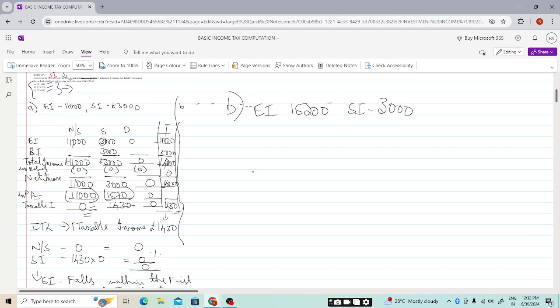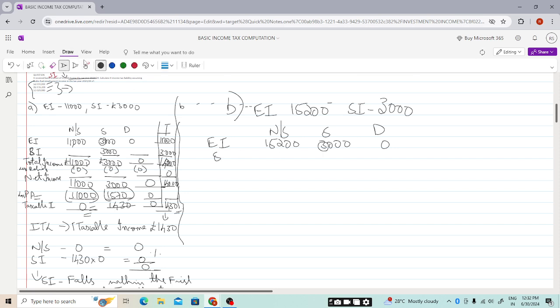So now we'll be doing the second case: non-saving income, saving income and dividend income. Employment income is a non-saving income, 15,200. Saving income is 3,000 pounds. Dividend income 0.